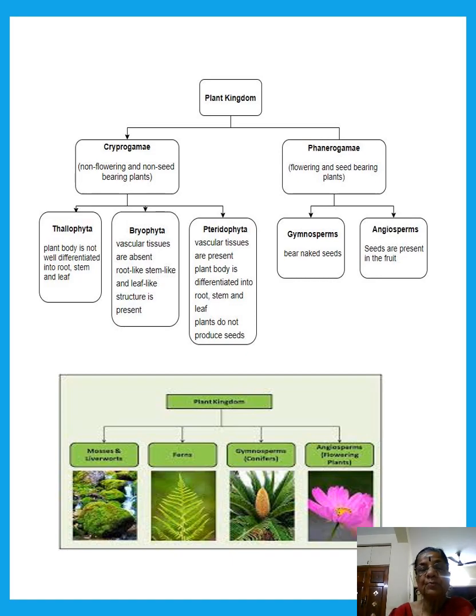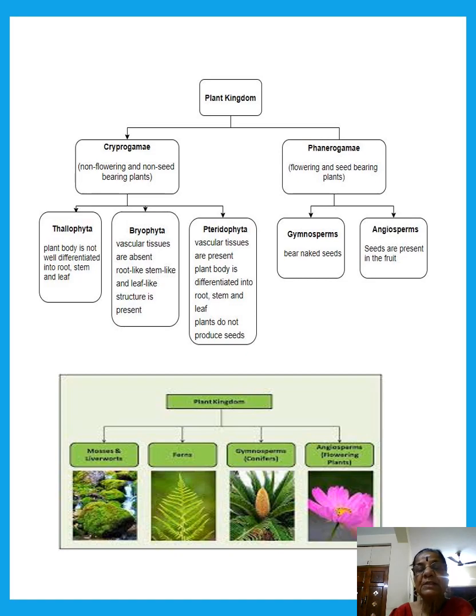I hope you follow. Then pteridophyte: the plant body is the sporophyte, differentiated into root, stem and leaf, and they are non-seeded plants. Instead, spores are produced in an asexual structure called a cone. Vascular tissues, xylem and phloem, started appearing from the pteridophyte group onwards.